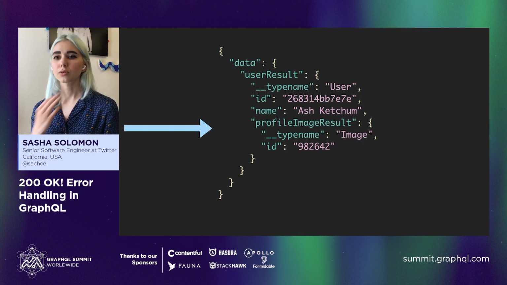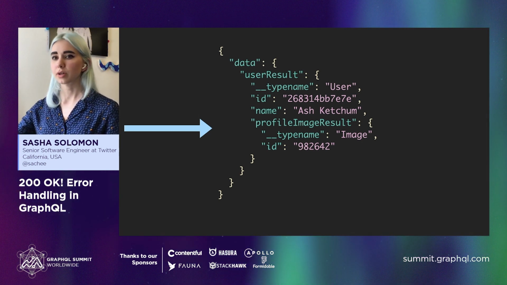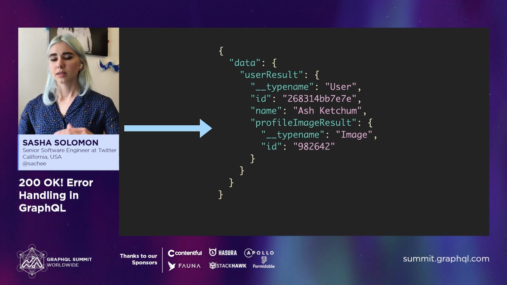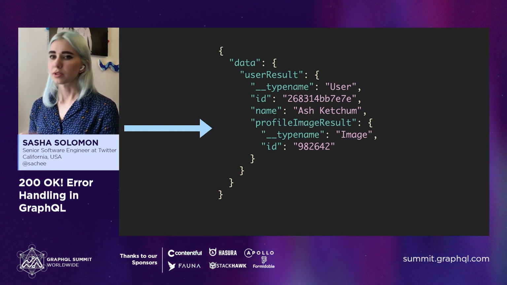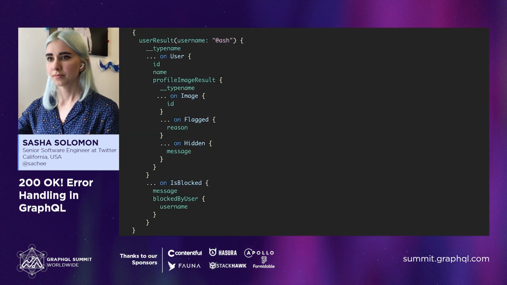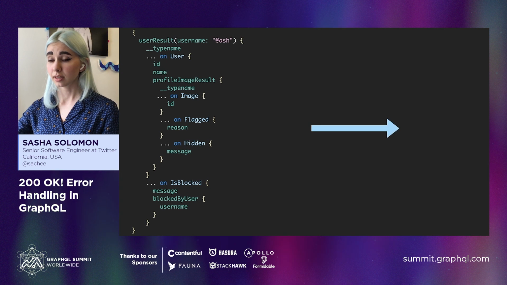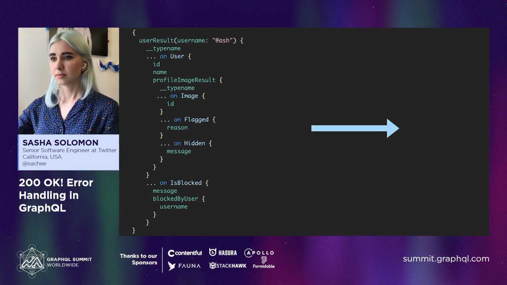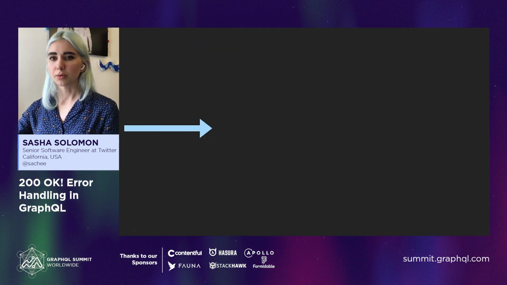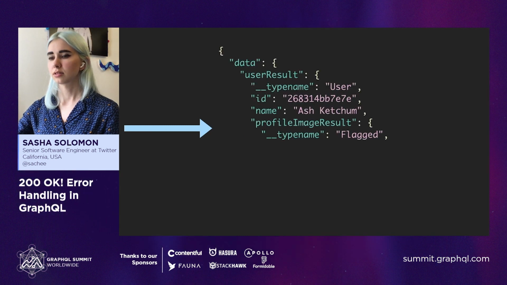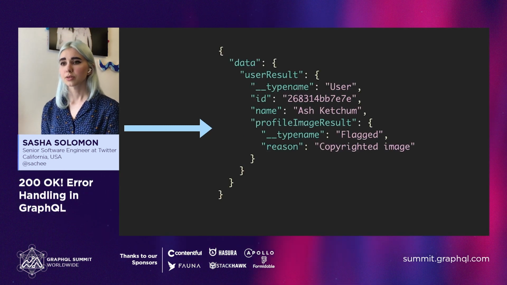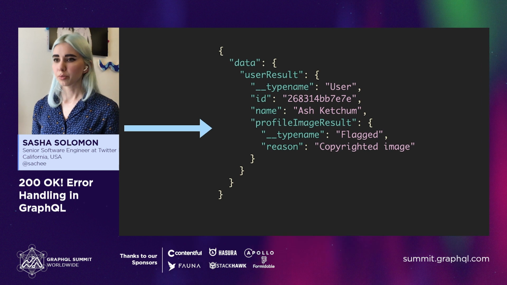Cool. So again, let's go through and see what happens when we don't get the user and profile image exactly how we wanted. So let's run this same query again and see what happens, but maybe something's wrong with our image. Okay, so here we have our result back, our user result.